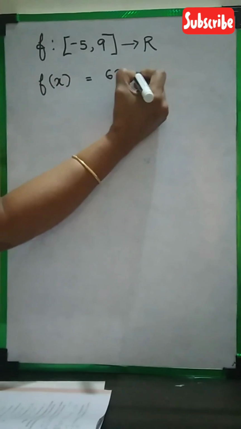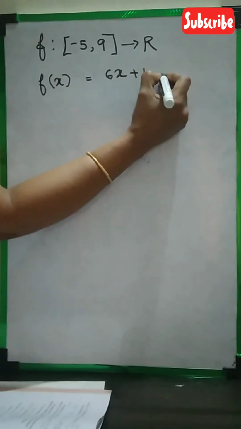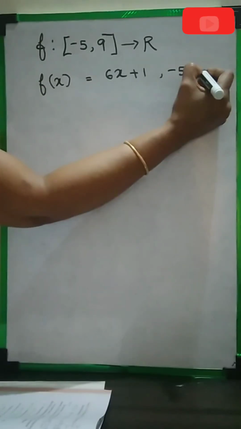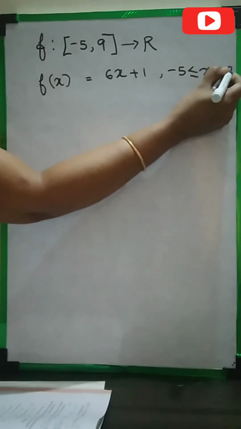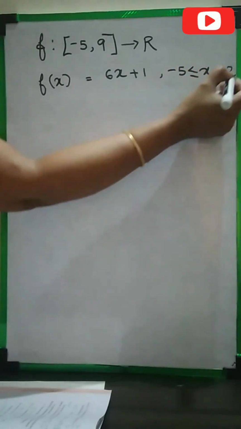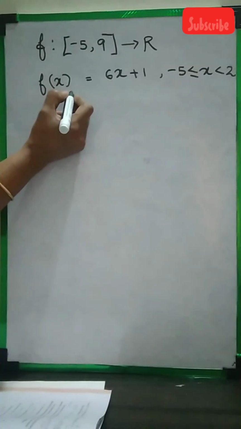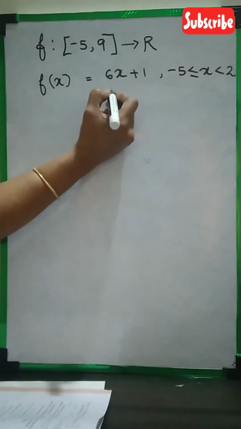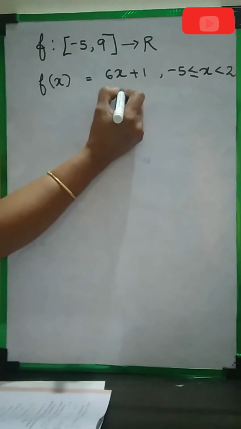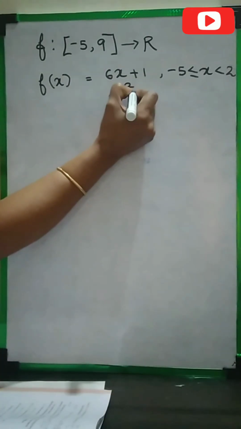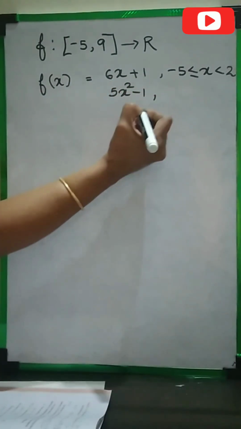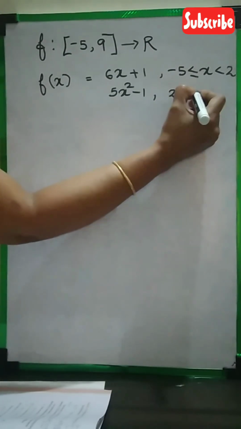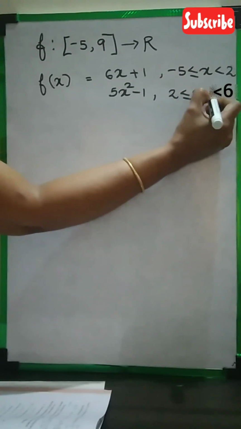F of x is equal to 6x plus 1. Epo minus 5 less than or equal to x less than 2. In the interval வரும்போது f of x என்னது 6x plus 1. Next one f of x is equal to 5x square minus 1. Epo 2 is less than or equal to x less than 6 ஆகும்போது.